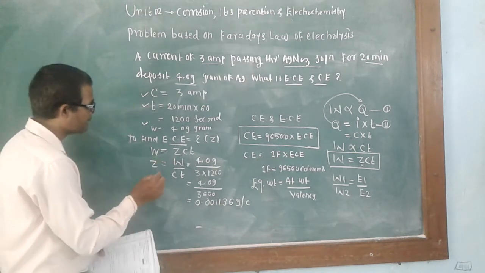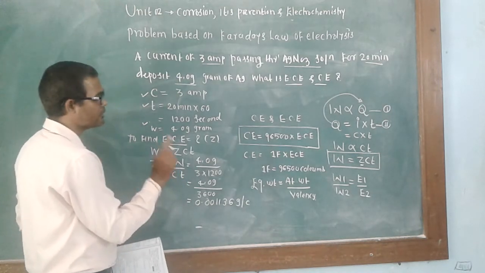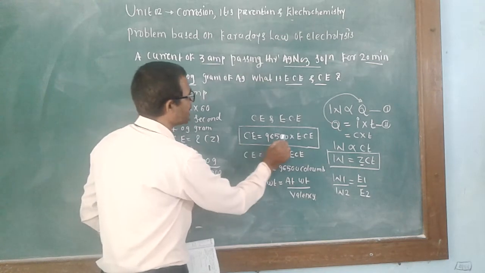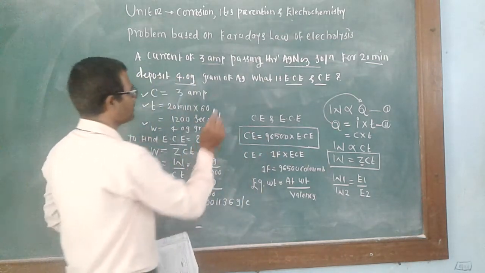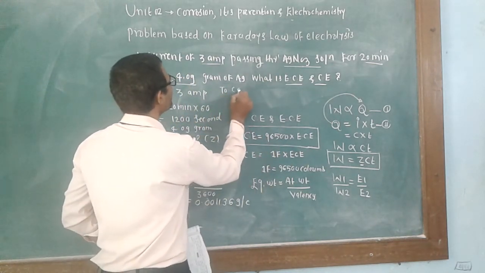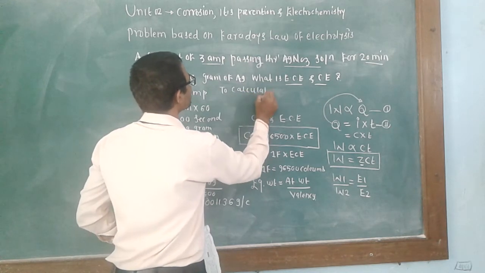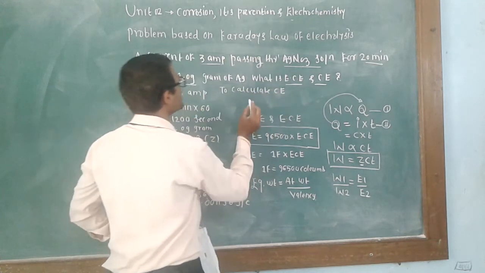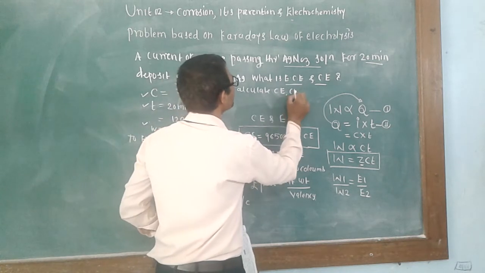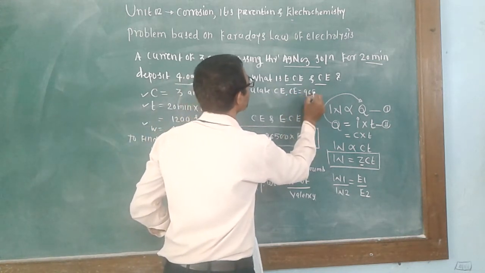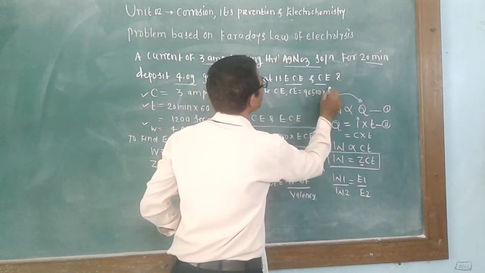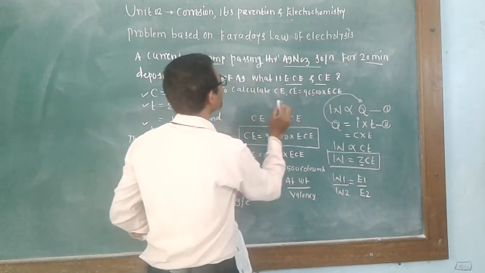So you will get the electrochemical equivalent. To calculate the chemical equivalent, we know the relation between the chemical equivalent and the electrochemical equivalent. We are going to calculate CE. We know the relation. CE is equal to 96,500 multiplied by ECE. So just you have to put the value.